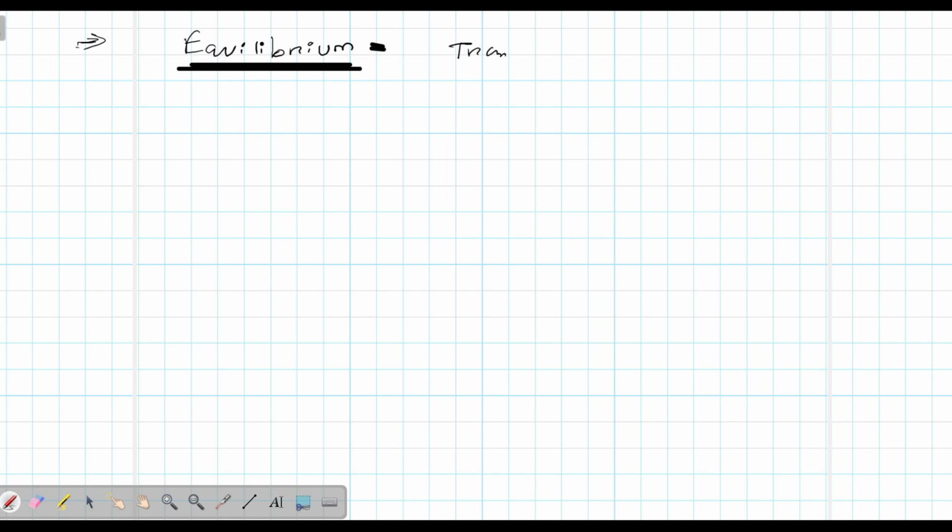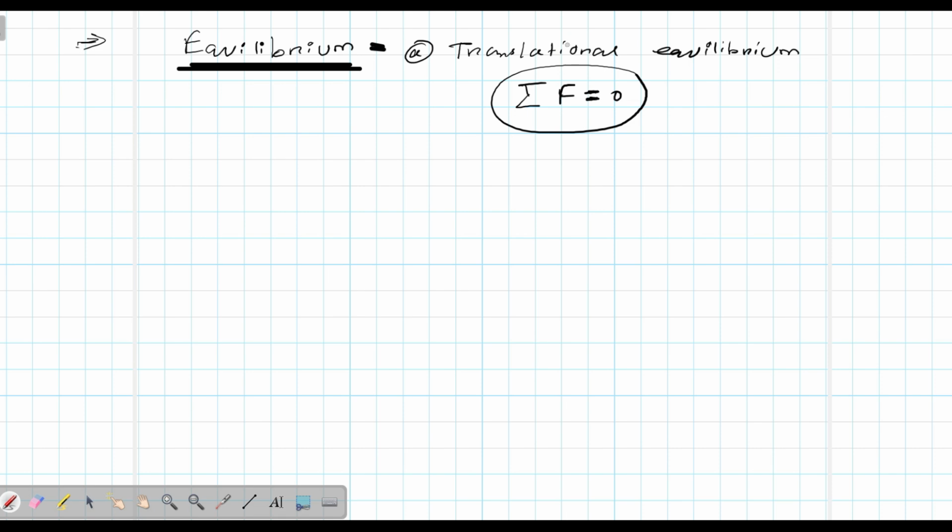Under translational equilibrium, the summation of F equals 0.